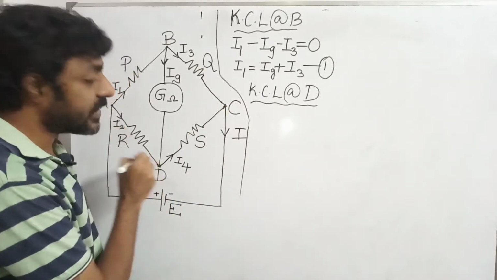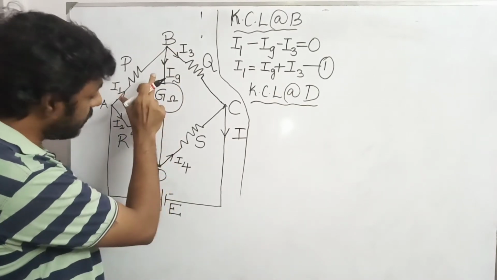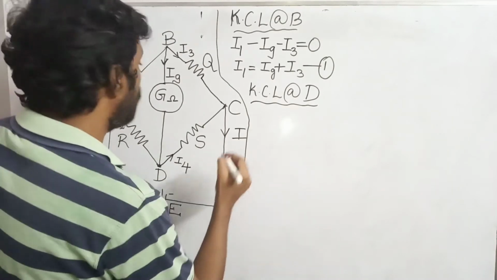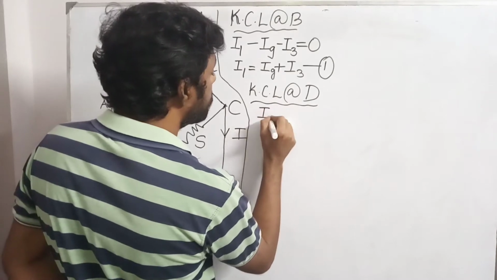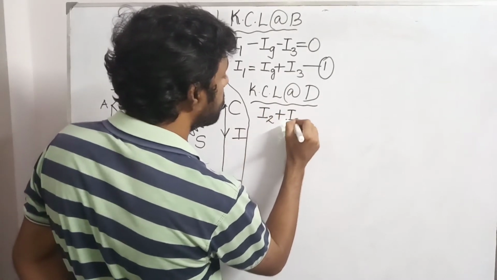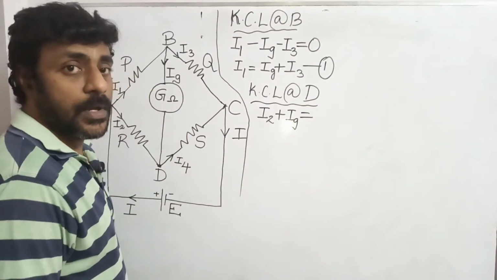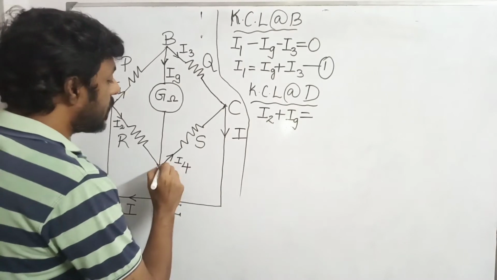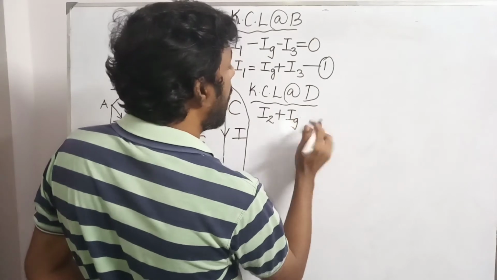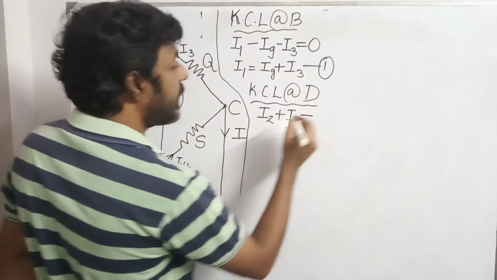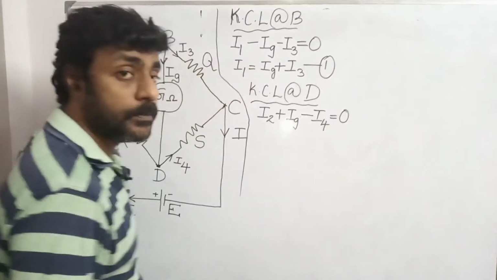The currents entering this junction are I2 and the galvanometer current IG, so I am adding a plus sign. So I2 plus IG is equal to the current which is moving out of the junction, which is negative. I4 is the current which is moving out of this junction, so I assign a negative sign and put minus I4 over here, and finally I equate it to 0.